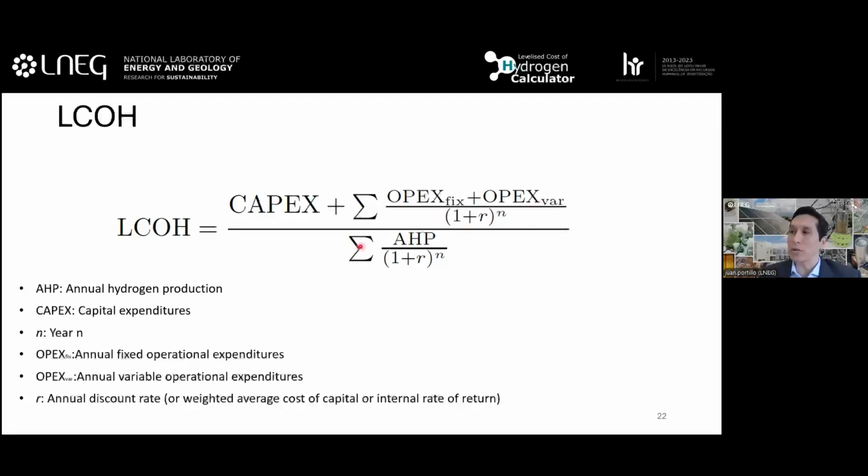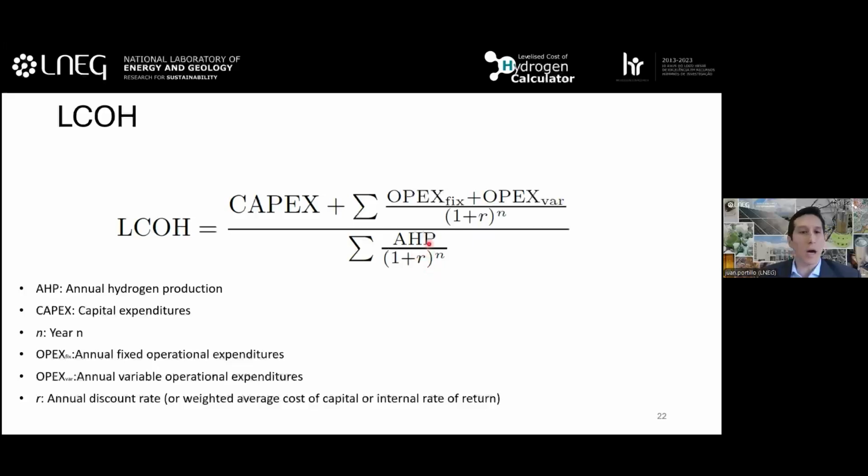The annual hydrogen production is subject to the degradation of this stack, and it is also considered within the tool. And this annual hydrogen production, besides being subject to this degradation, so every year I produce a different amount of hydrogen, is also discounted as it is done with the OPEX in here, subject to a discount rate.